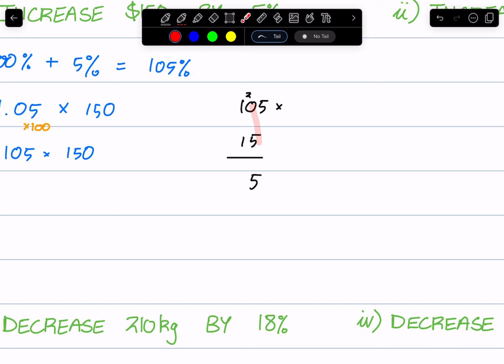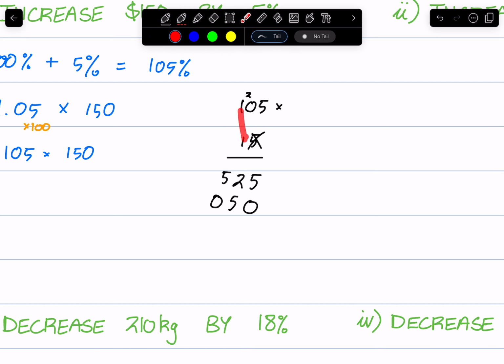0 times 5 is 0, plus that 2, so 2. 1 times 5, that's just going to be 5. We're finished with that 5. We are now multiplying by the 1. But remember, this 1 is a 10, so we put a 0 here. And then we just multiply as we normally do. 1 times 5 is 5. 0 times 1, 0.